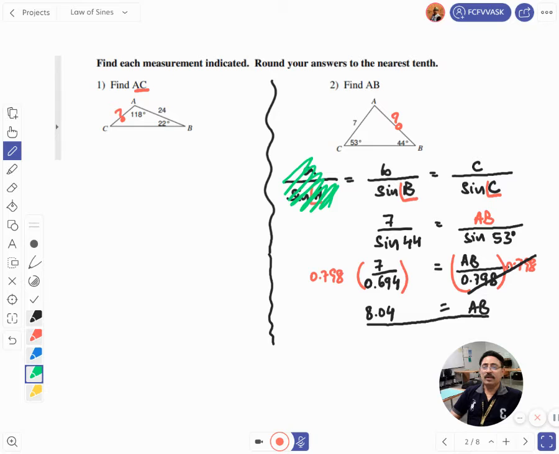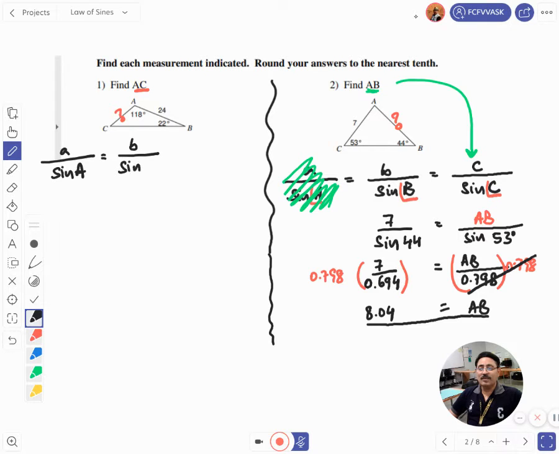In the previous question, side c, which is AB, was missing, so we computed that. But here this is a different scenario. If I write the formula, a over sine A equals b over sine B equals c over sine C, let's plug in these values first.